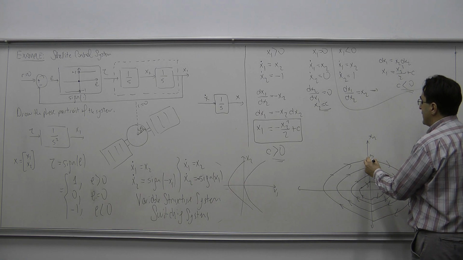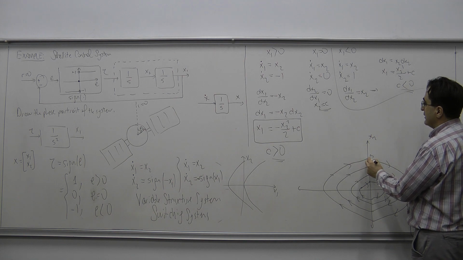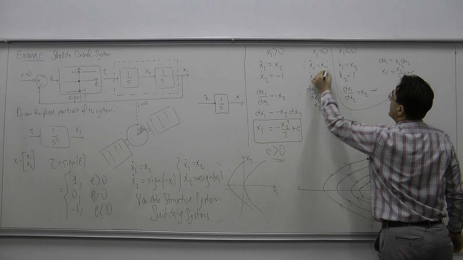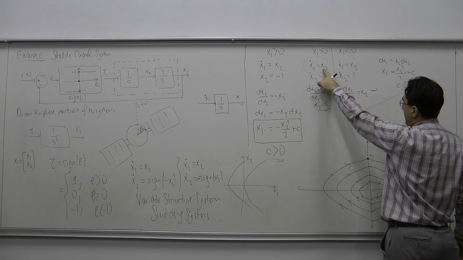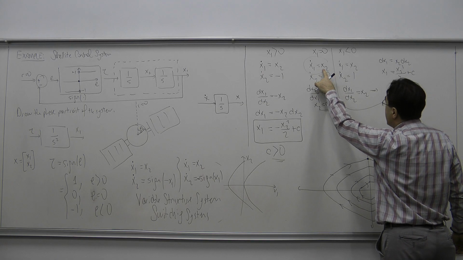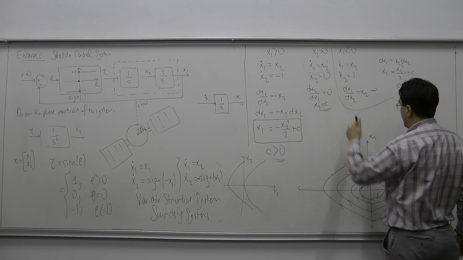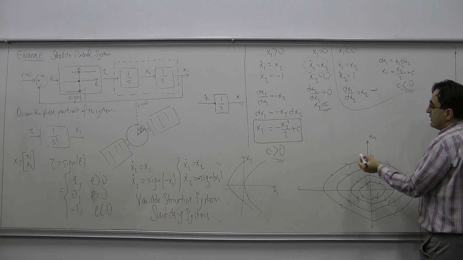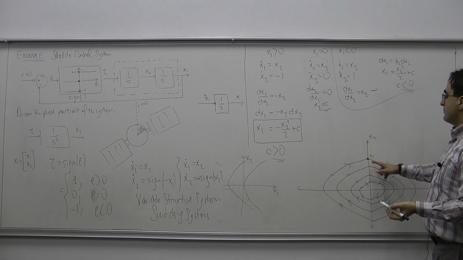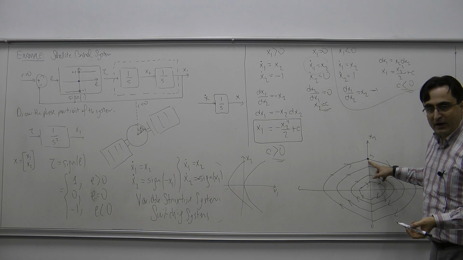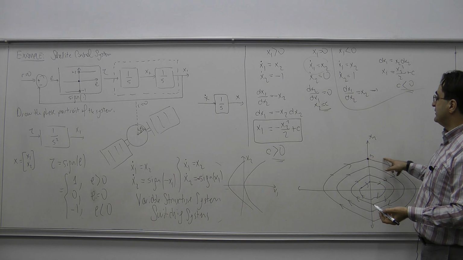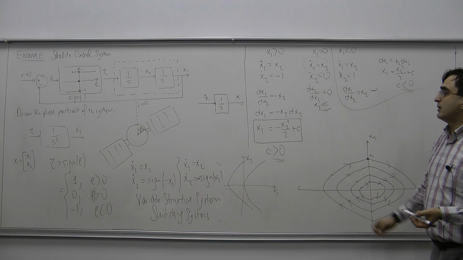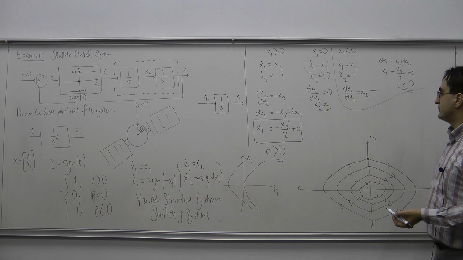So if the system arrives here on this axis, it is immediately going to leave this point because x1 dot is going to be equal to x2, and that means that x1 dot is going to be positive and x1 is going to continue to increase, okay? So this point really is not very important because the system never stays there. The system immediately leaves that point, and this dynamics then becomes invalid in that case, okay?